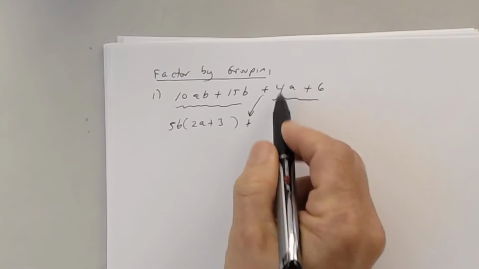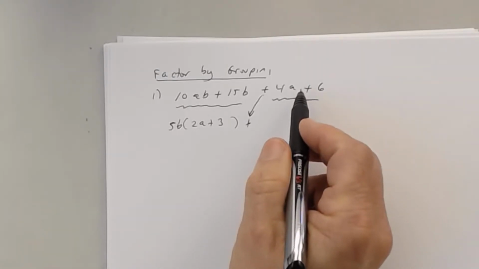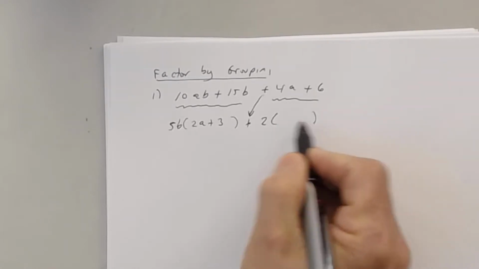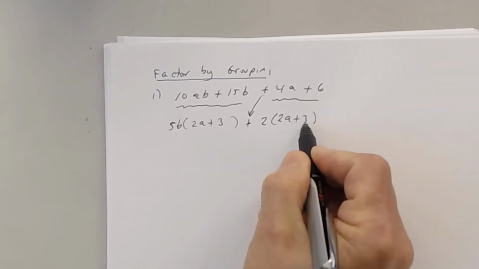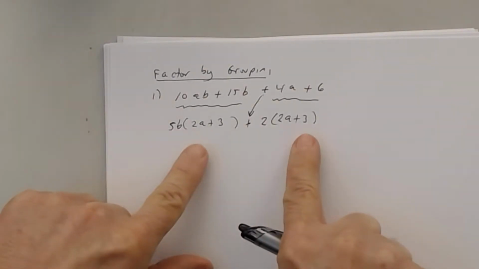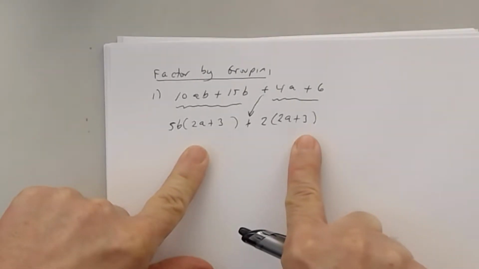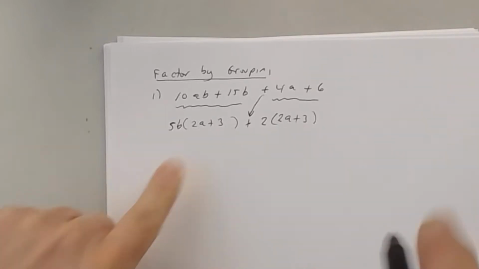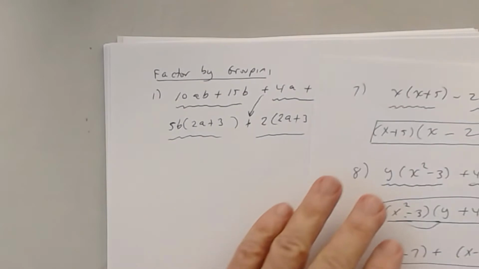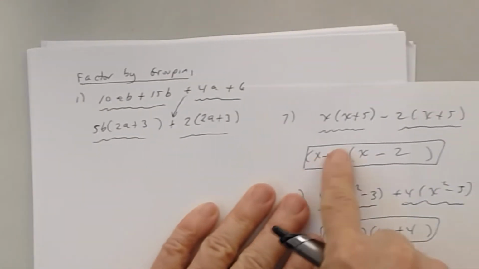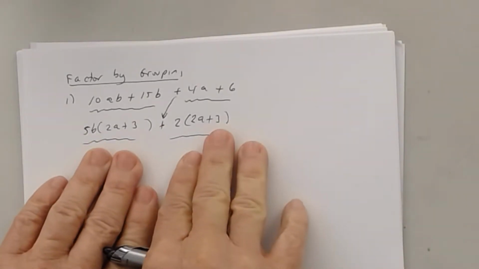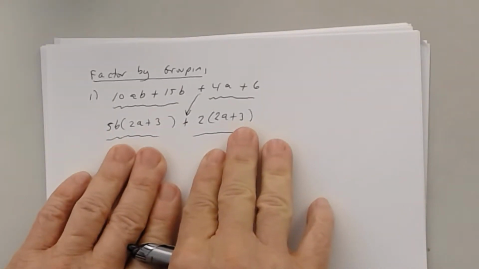Now look at the second group. What's the GCF of the second group? 2. So 2 times what? 2a plus 3. If this thing can be factored by grouping, then what I have in parentheses better be the same. Now look at those 2 groups, and what do they have in common? 2a plus 3.